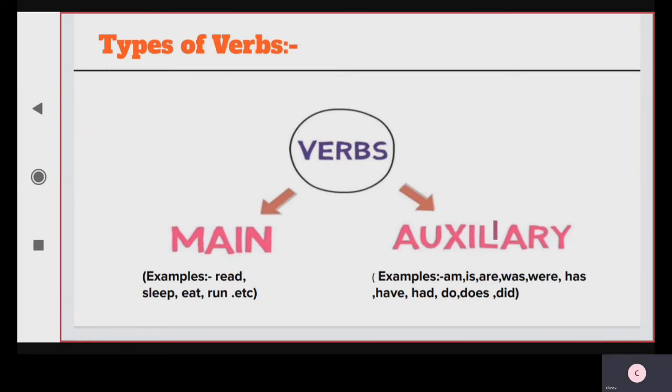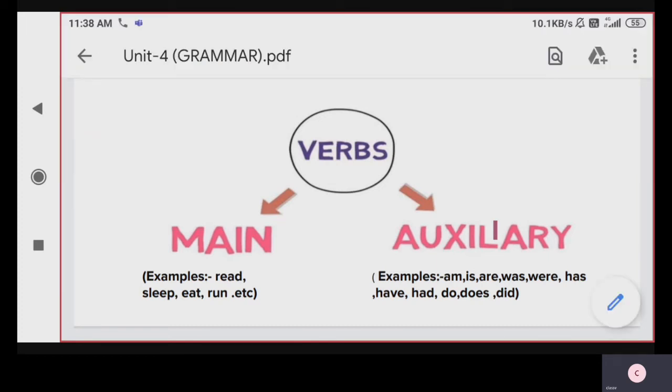Auxiliary verbs add meaning to the sentence, giving support or help, especially to a more important person or thing. For example, am, is, are, was, were, has, have, had, do, does, and did. Let me give you a few sentence examples to make you clear about them.